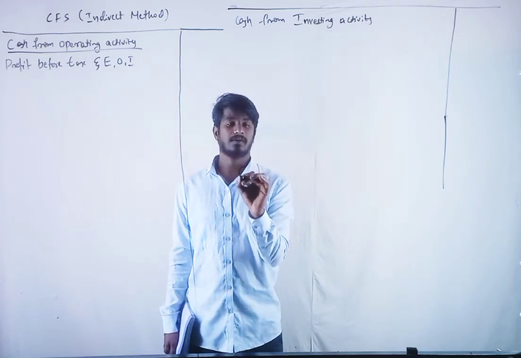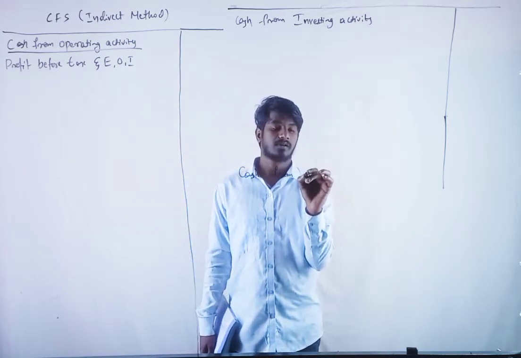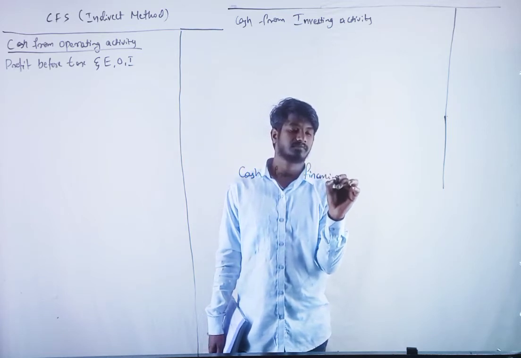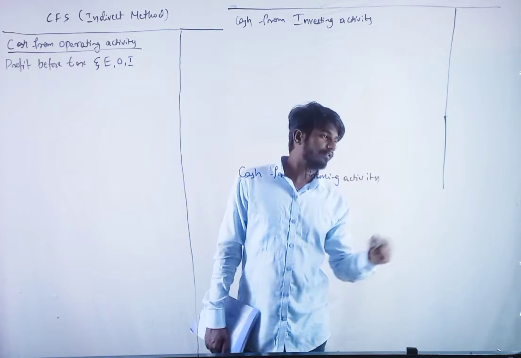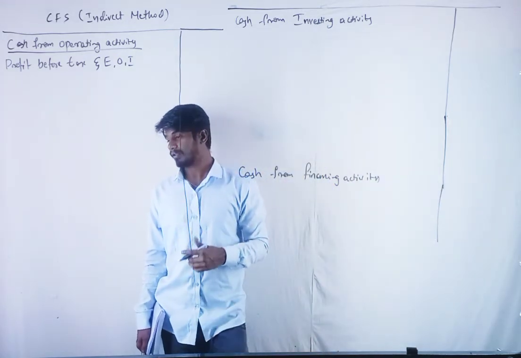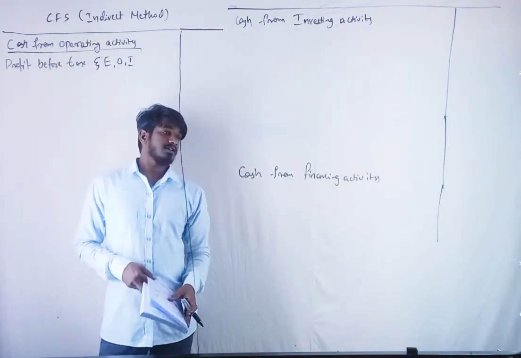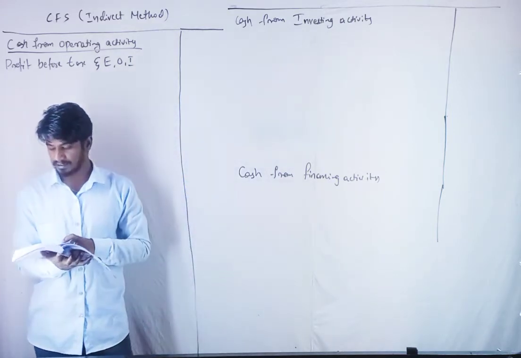Okay, cash from financing activity. And I need some space to calculate everything, right? We'll calculate here. Let's see if there is any space. Okay, let us start the question.